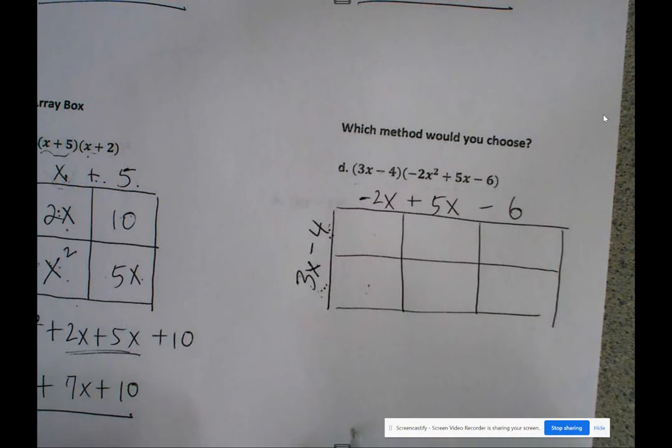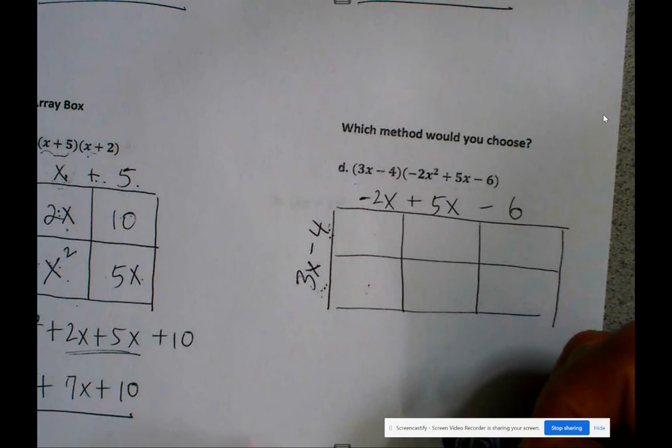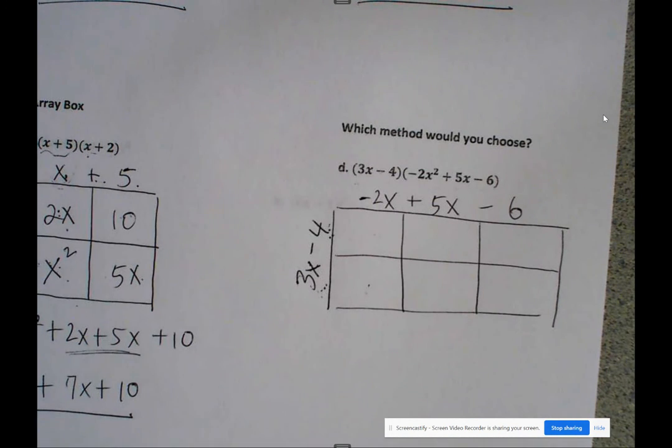boxes in correct places. All right, let's see if you can put in the correct values in the correct places, okay? Go ahead and try it. I'm going to give you a few more seconds.